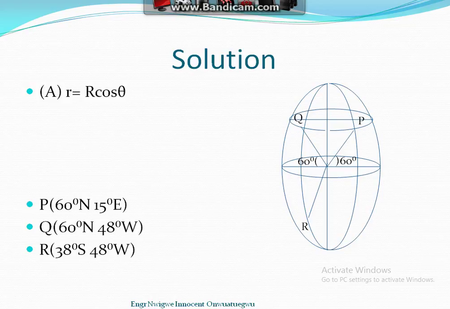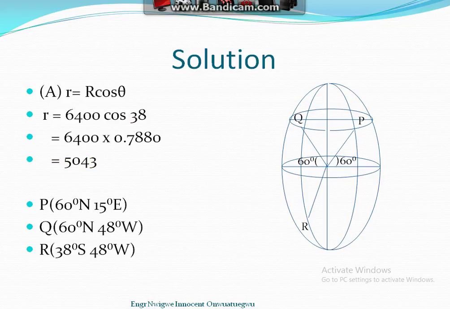Therefore, r equals 6,400 cos 35, which gives us 6,400 times 0.8192, which gives us 5,243. Therefore for A, we are asked to calculate the radius of the latitude of R, which is 5,240 kilometers to three significant figures.